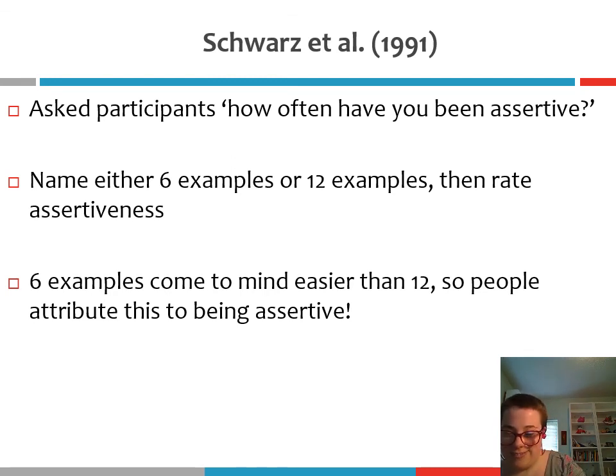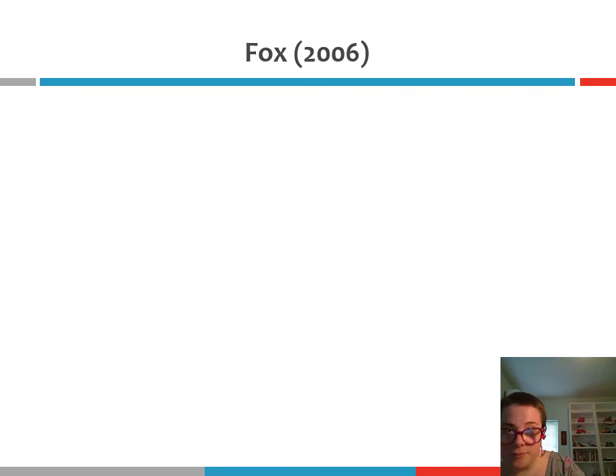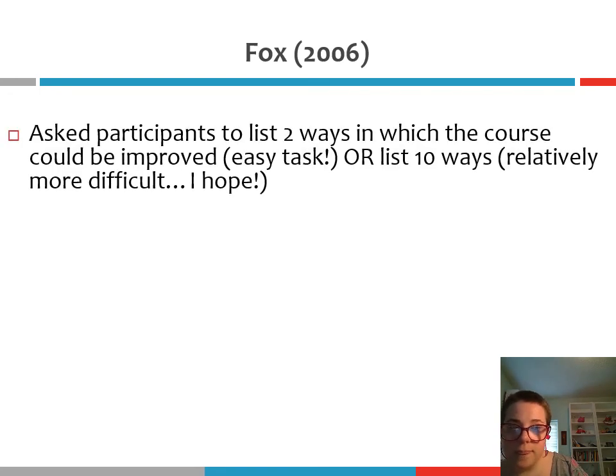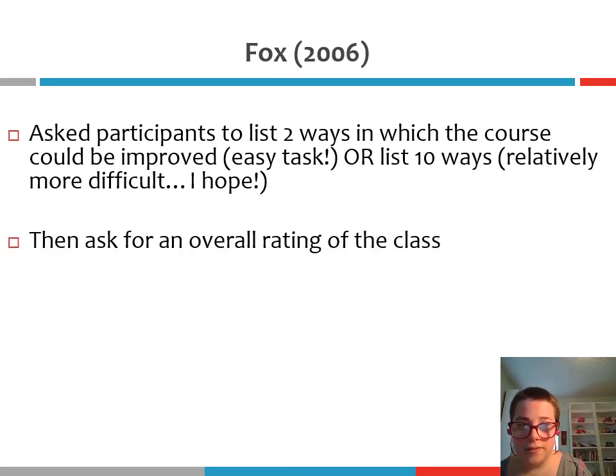Okay, one more example. So in this particular study, participants, which were actually students in a course, were asked to come up with either 2 ways the course could be improved or 10 ways, okay?